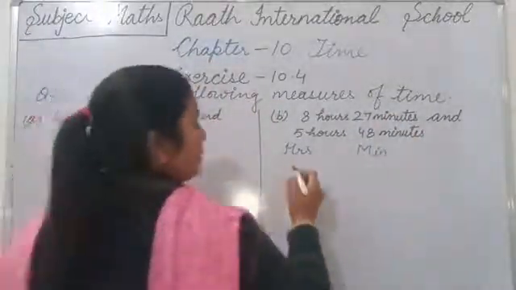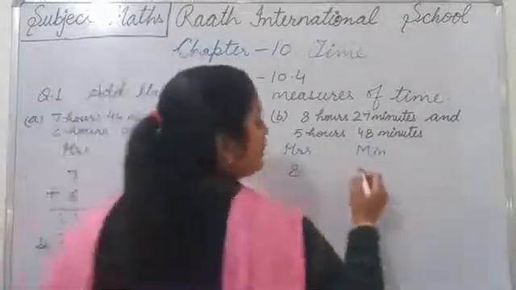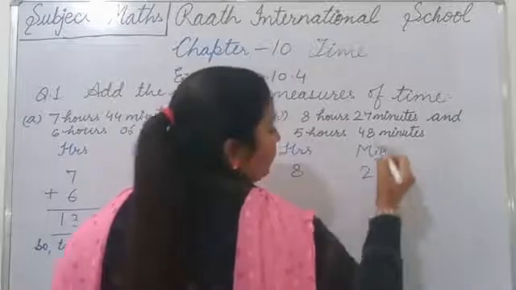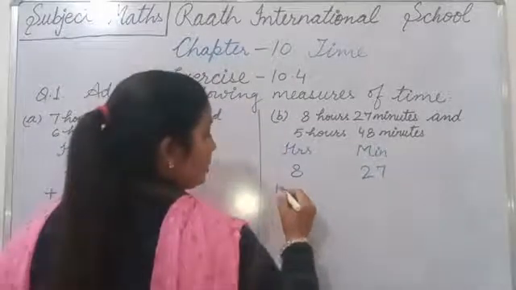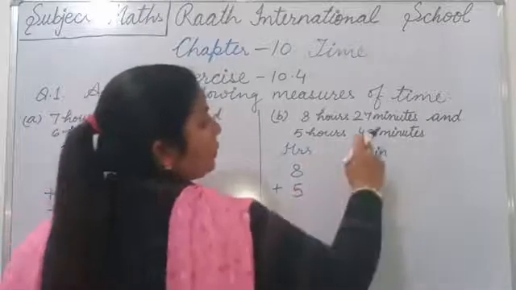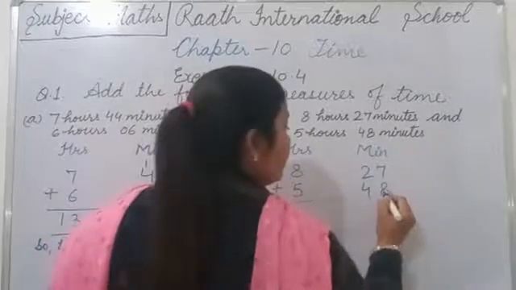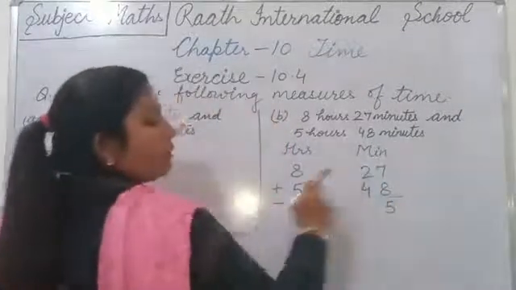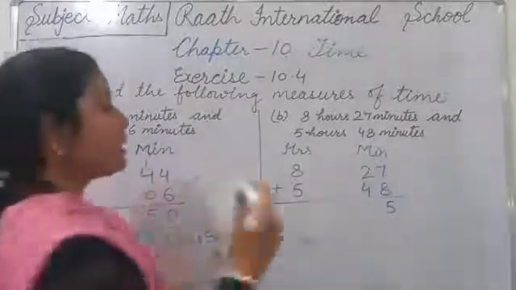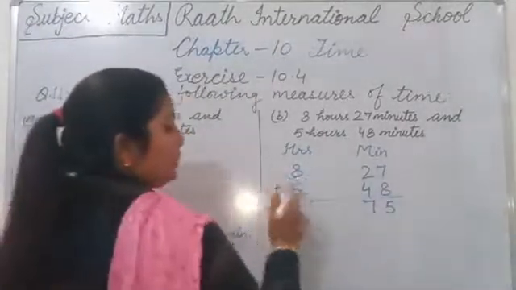In hours we take 8, and then 27 minutes, then plus 5 hours 48 minutes. Now we add this. 8 plus 7 is 15, 1 goes carry. 1 plus 2 is 3, 3 plus 4 is 7. Now we add hours: 8 plus 5 is 13.